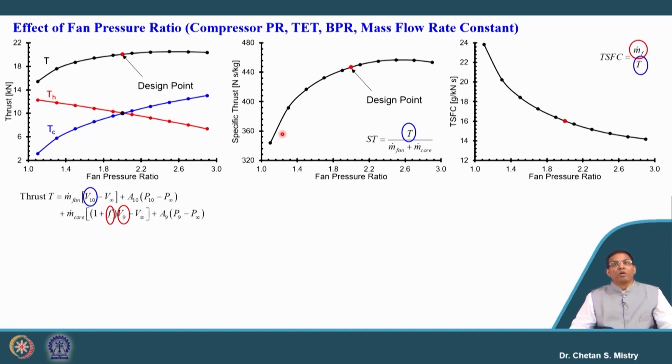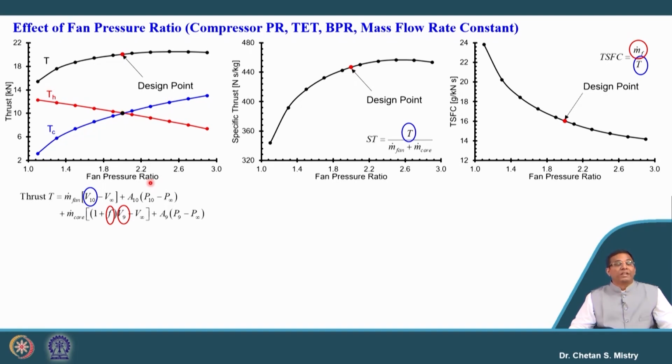Now, let us discuss the fuel economy, in terms of thrust specific fuel consumption. When we increase our fan pressure ratio, our thrust is going to increase, and that also impacts the amount of fuel we want to add. Just listen carefully to what is happening when I increase my fan pressure ratio.